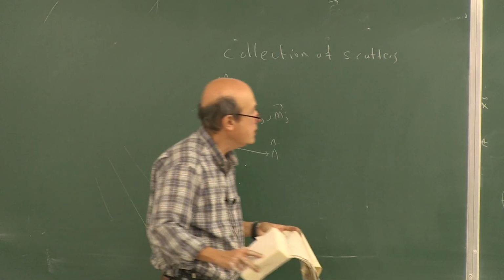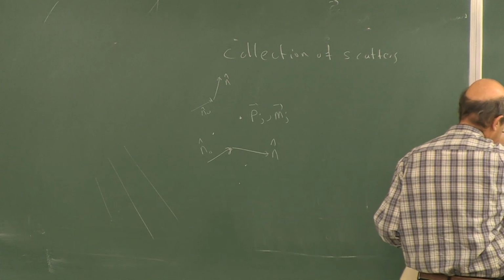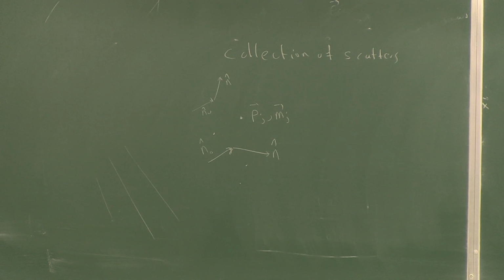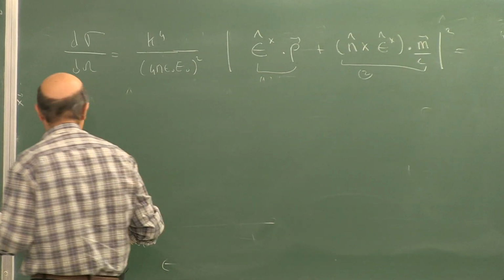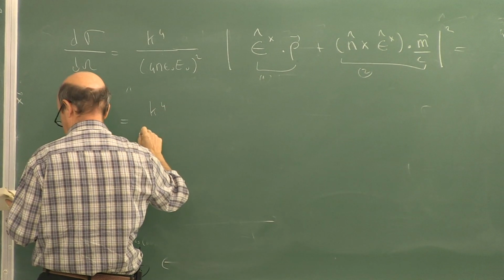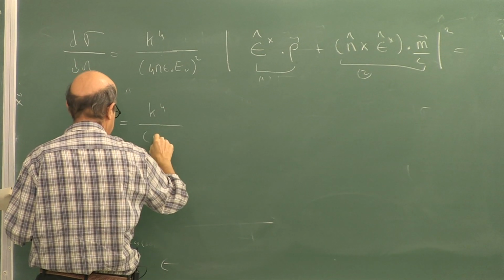So if you generalize this formula over there, the approximation is the following. Instead of one scatterer, you have several of them. So basically, if you have a collection of scatterers, you will have the following format.